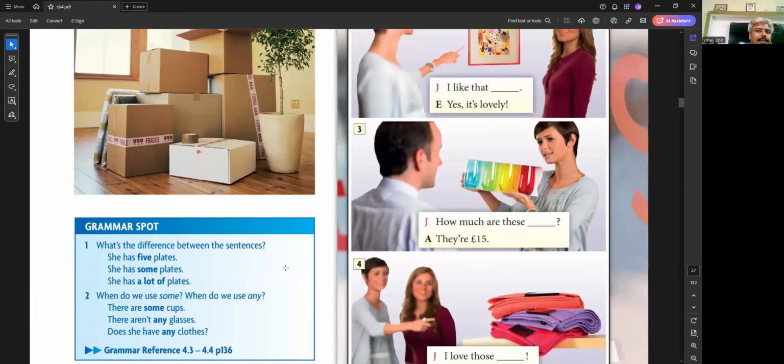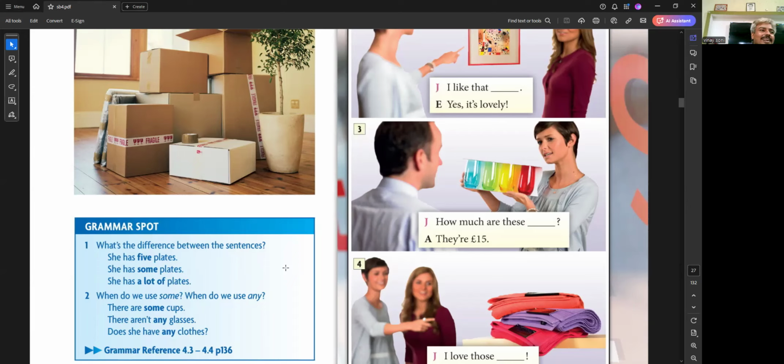But you are getting an idea, a big number or a small number of plates. And when I say she has a lot of clothes, am I telling you the exact number? But still you are getting an idea. So some is used for a small quantity, and a lot is used for a big quantity. Easy? Okay.